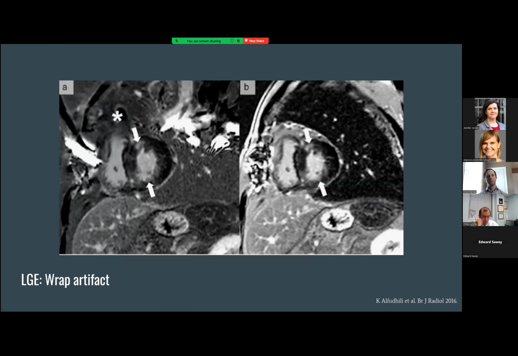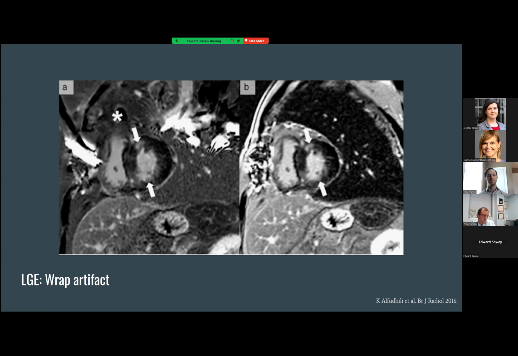And on the left-hand side, the arrows are pointing to 2 small fibrotic areas. The left-hand image A has severe wrap artifact that comes into the heart. So you can see how it's wrapping into the heart. And all of this up here is also wrap. Okay? We don't expect that tissue to be close to the heart.